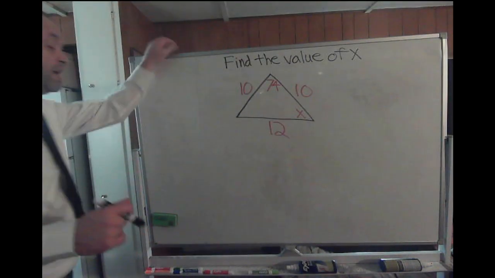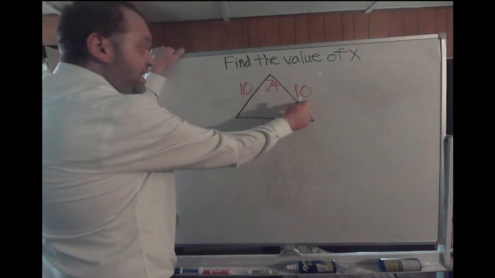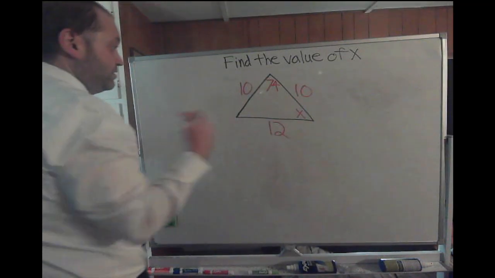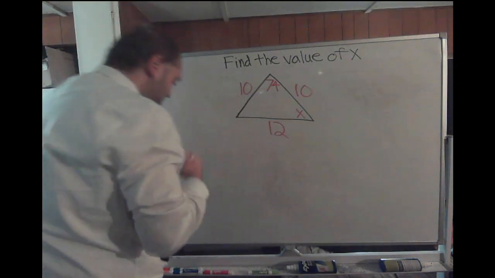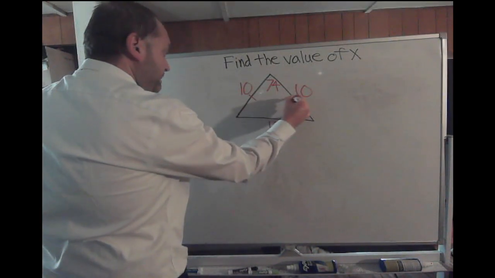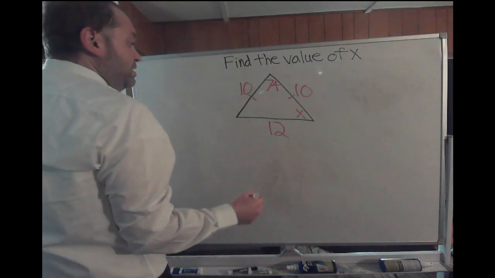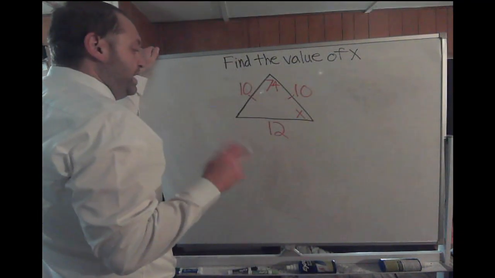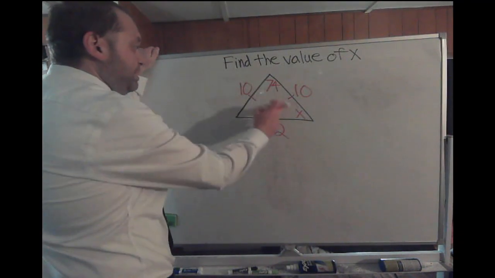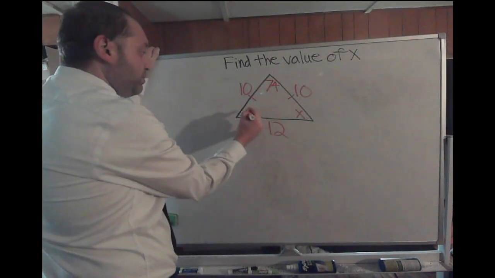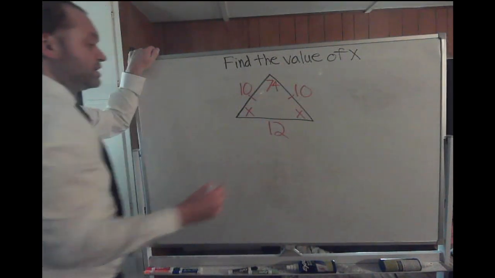Well, if we see that two of these sides are 10, that means they're both congruent to each other. So let's go ahead and mark that, okay? That means then that the angles opposite these two 10 sides are congruent. So that means the angle over here would also be equal to x.